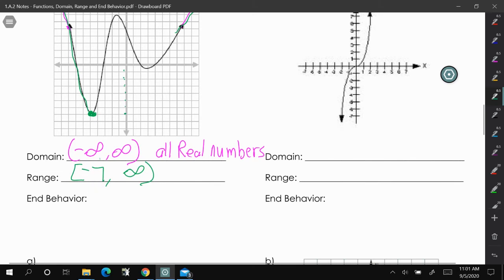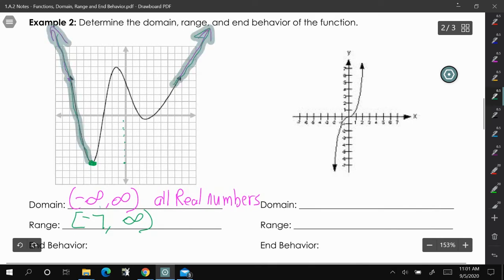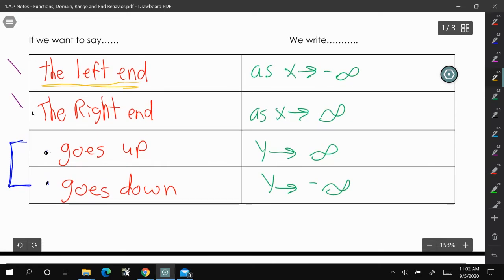Now, end behavior. When it comes to end behavior, let me erase this stuff. We will have a left end and right end. So look at the left side of this function. The left side over here is going up. So the left end goes up. So what we're going to do is write this part.